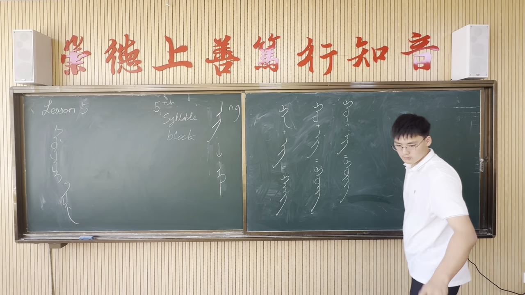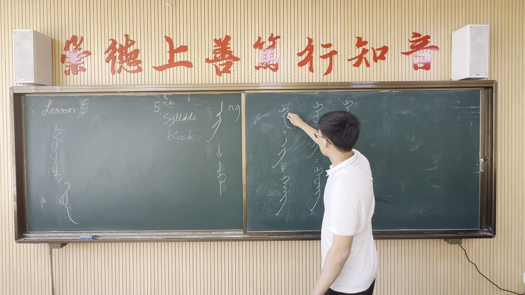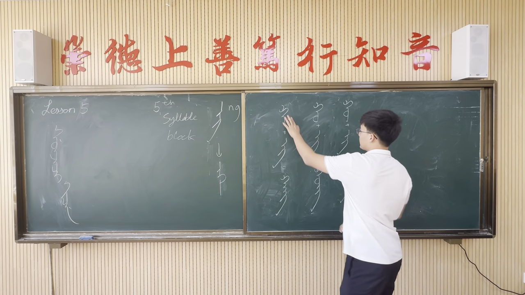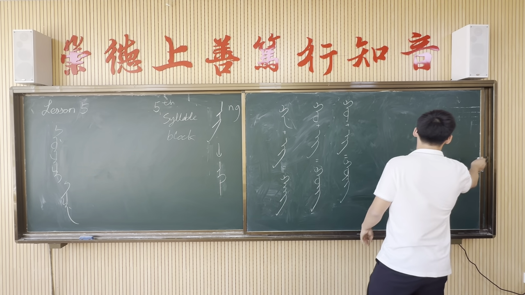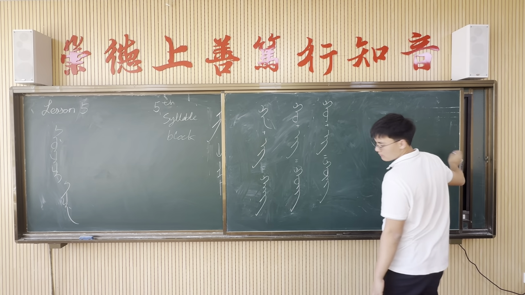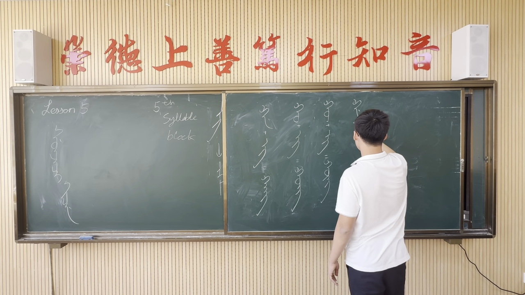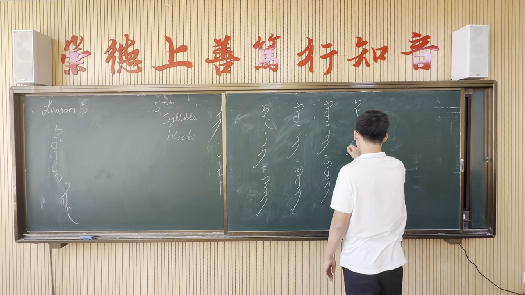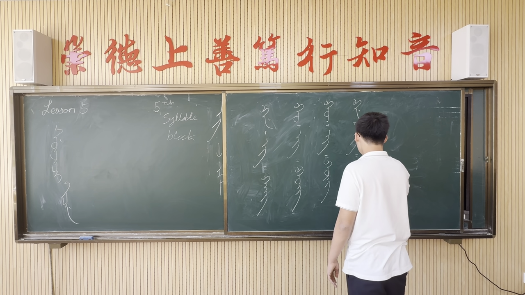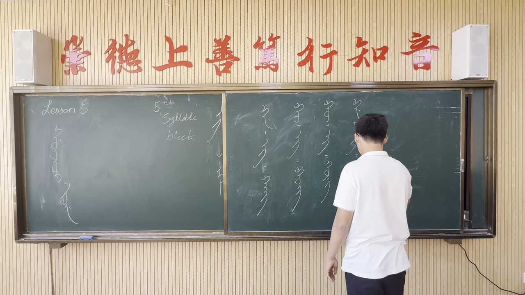Right? Then we have ga, actually I'm gonna write it separately. So ga plus ng equals gang.